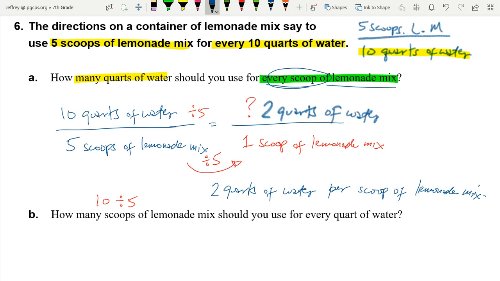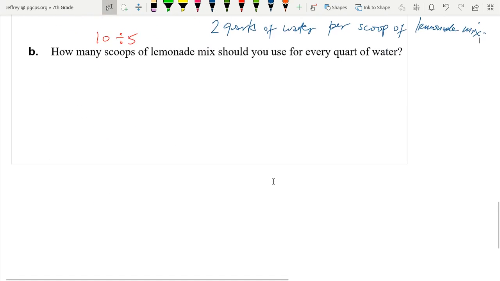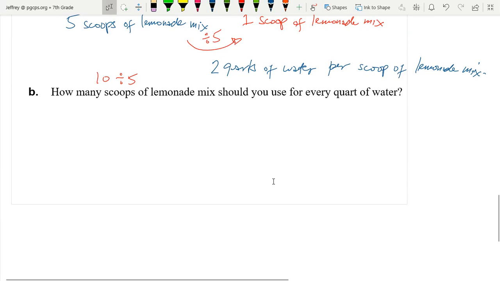Okay? Letter B. How many scoops of lemonade mix should you use for every quart of water? So what are we looking for? We're looking for the scoops of lemonade for every quart of water. Now, what do we know?